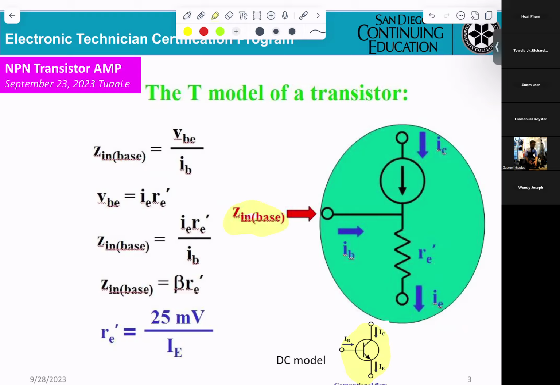Input the base, okay? And this is the collector. Okay, collector right here. Okay? And this is the emitter right here.